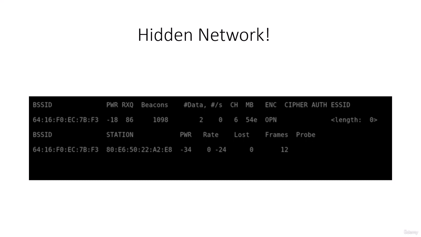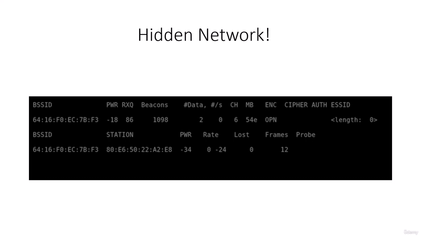When it reconnects, it sends the network name in the air, and since we have the Aerodump-ng engine running, it will be able to capture the name and show it to us here. So again, the attack is very simple.